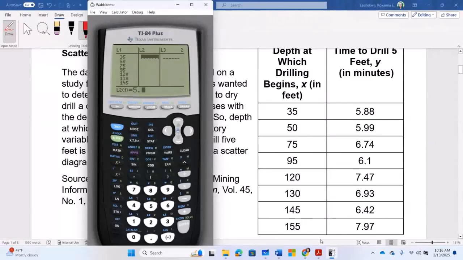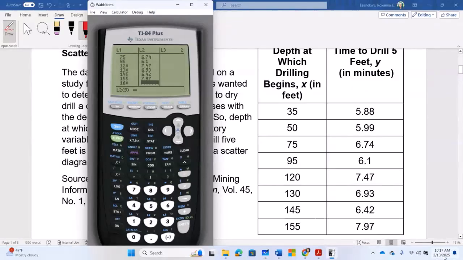So 5.88, enter. 5.99, enter. 6.74, enter. 6.1, enter. 7.47, enter. 6.93, 6.42, 7.97.